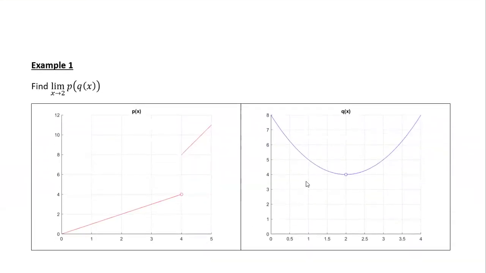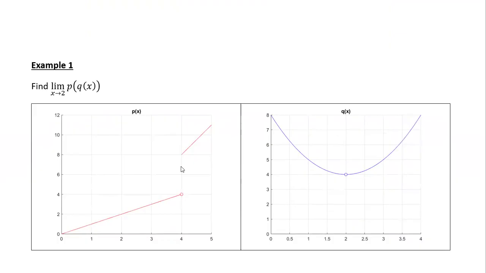Now let's go back. We notice that as we approach 2 over here, we're approaching 4 from values greater than 4. This is again where a lot of YouTubers just say that as you approach 4, we're approaching from above, so you approach from the right.